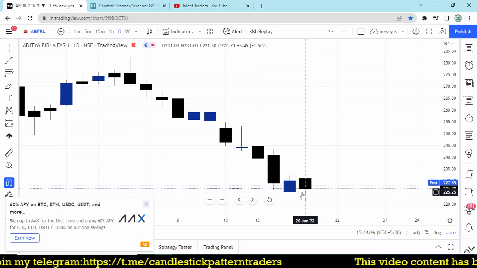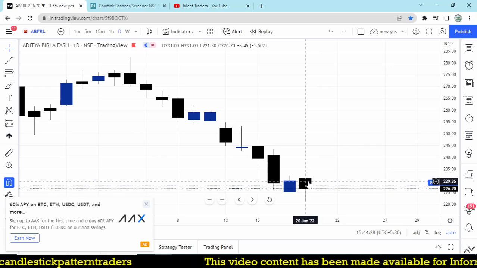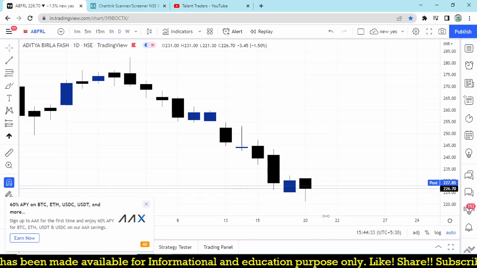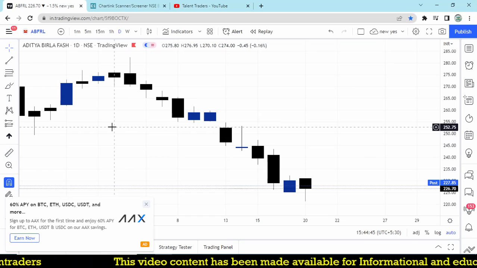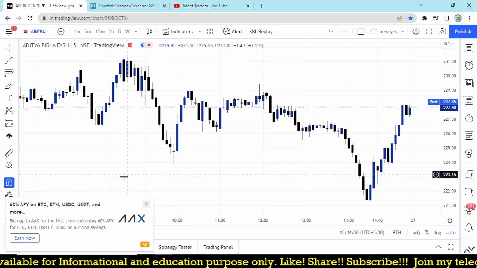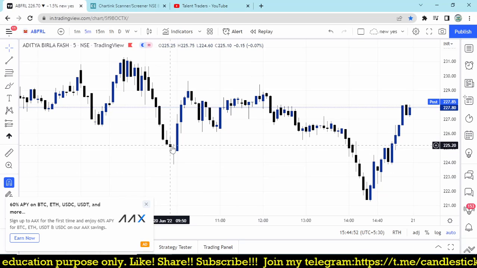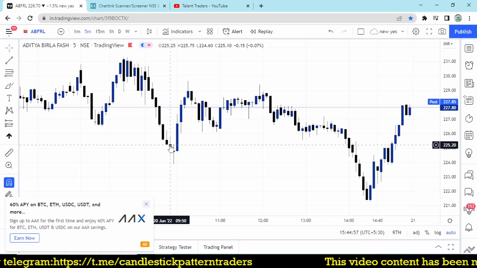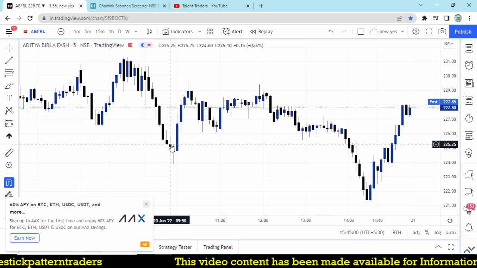After that the market fell down and again recovered, and at the end of the day it closed at 226.70. So this is the key and clue, the stock is going to move based on the previous day price. Let's see the 5-minute chart, it was highly volatile, went up, went down. The initial stage at 9:52 is the entry point where we are going to get in. This is the 5-minute chart, 9:52, 9:55.